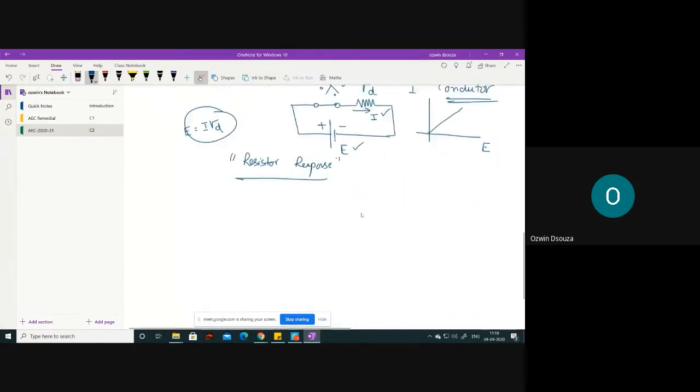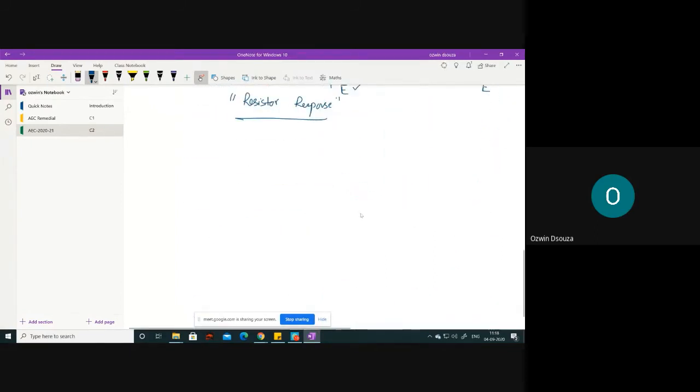This barrier potential is different for different materials. Barrier potential is normally represented by Vk. Sometimes Vk is also called the knee voltage.